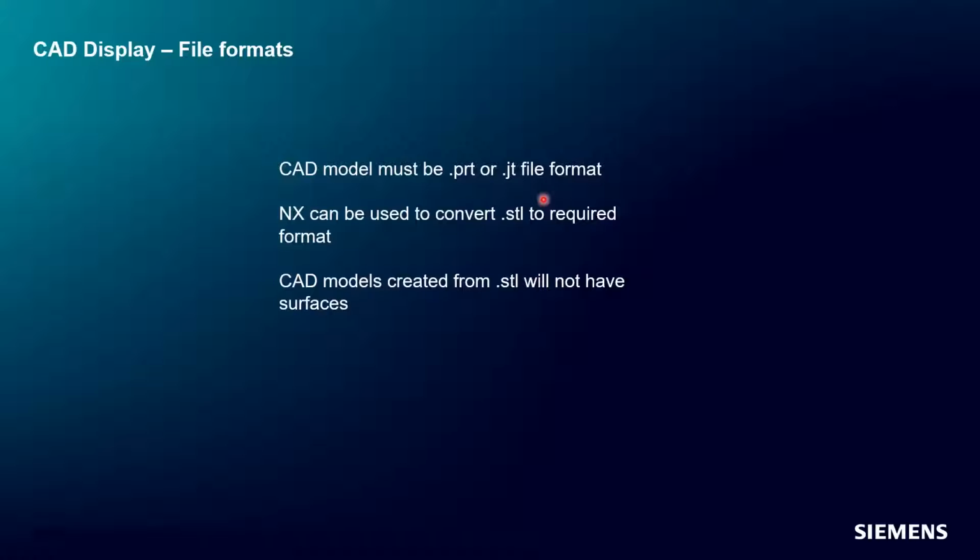Some notes on the CAD files that you'll need. They must be either .prt, which is an NX format, or a .jt file format. A CAD program like NX can be used to convert something that might be an STL to the required format. One of the neat things that I'll show you are the geometric features available in a .prt. Unfortunately, if you are converting an STL file into a .prt or a .jt, an STL file has nothing defined as a geometrical surface or element.